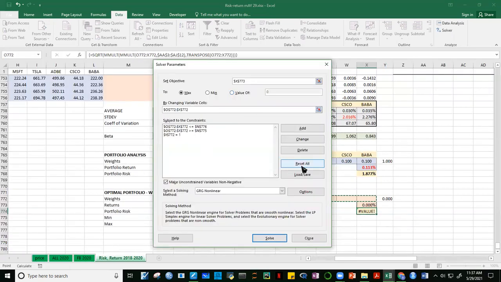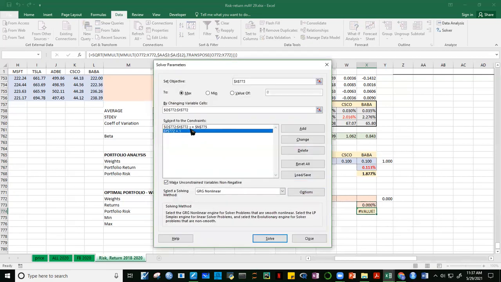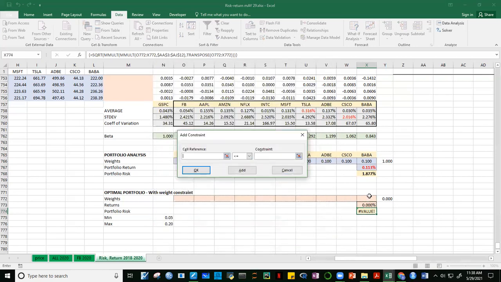Okay, let me reset all. Let me delete all of this. Okay, so ano yung mga constraints natin? Add tayo. Dapat yung total weight natin should be equal to 1. Dapat 100%, no?